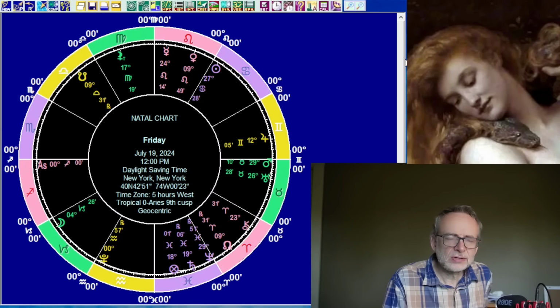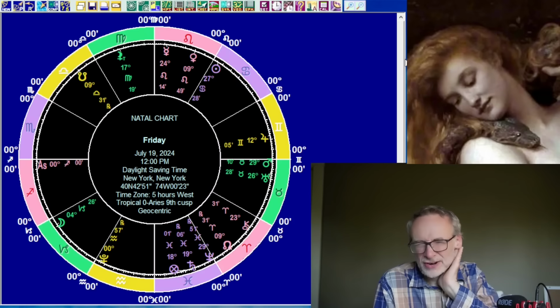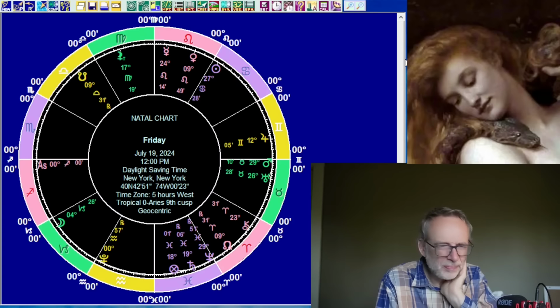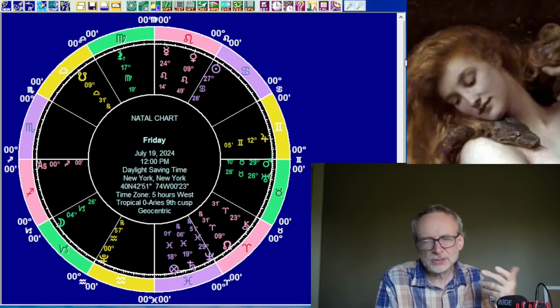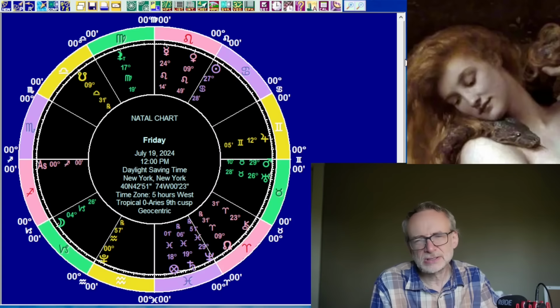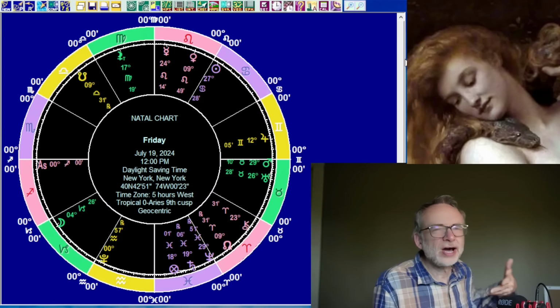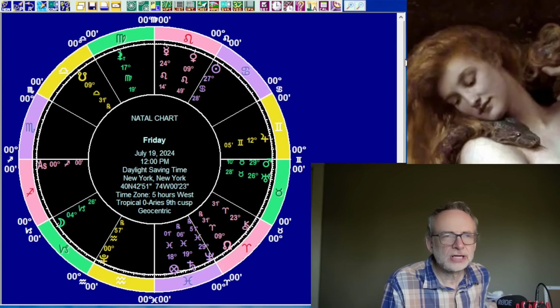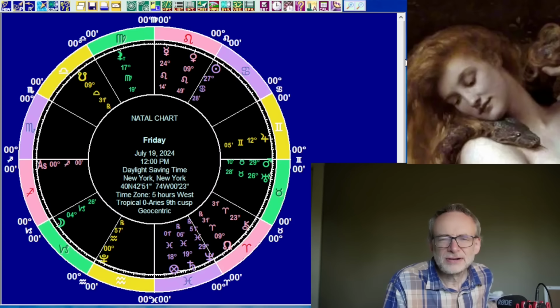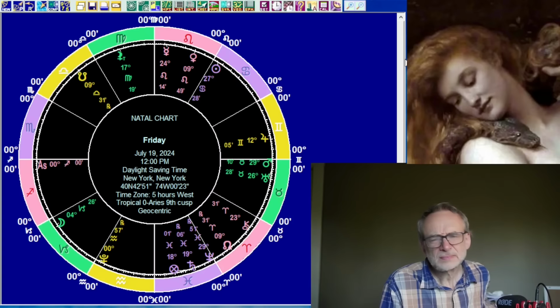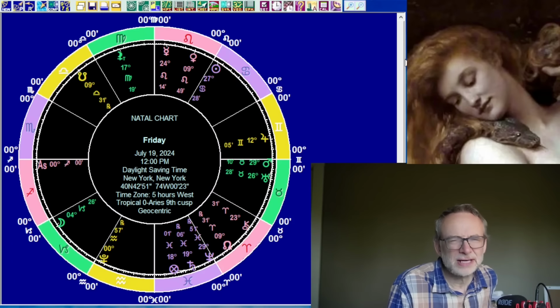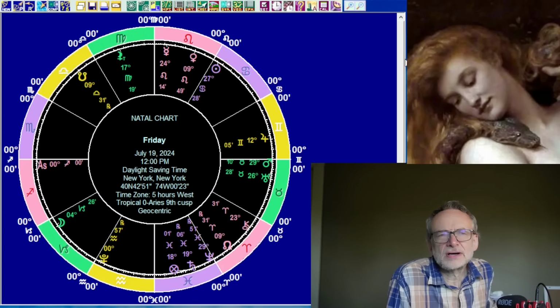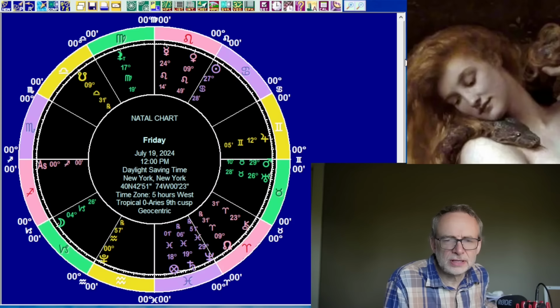And so, if you're doing anything really important where you want to be as strong as possible, where you really want to maximize your strength, then try to do it in the hours of daylight. I think while Jupiter is in Gemini, particularly while it's out of dignity, the hours of darkness should be avoided in terms of doing important things.